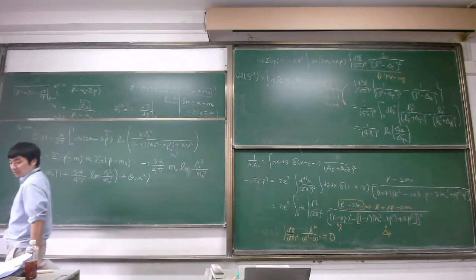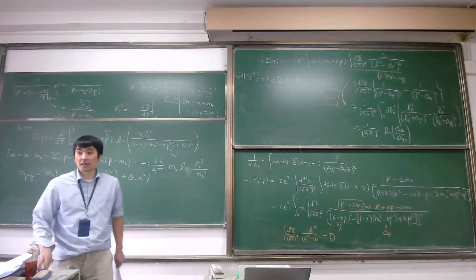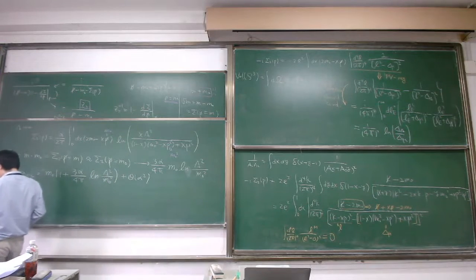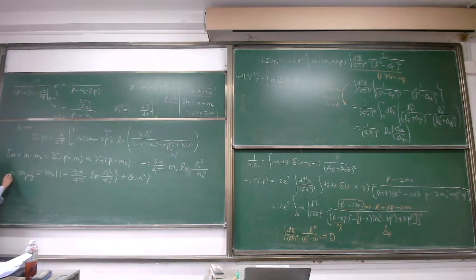So that's the relation between the physical mass and the bare mass. And we know this is about 155 keV. In our low energy scale, this is 155 keV.